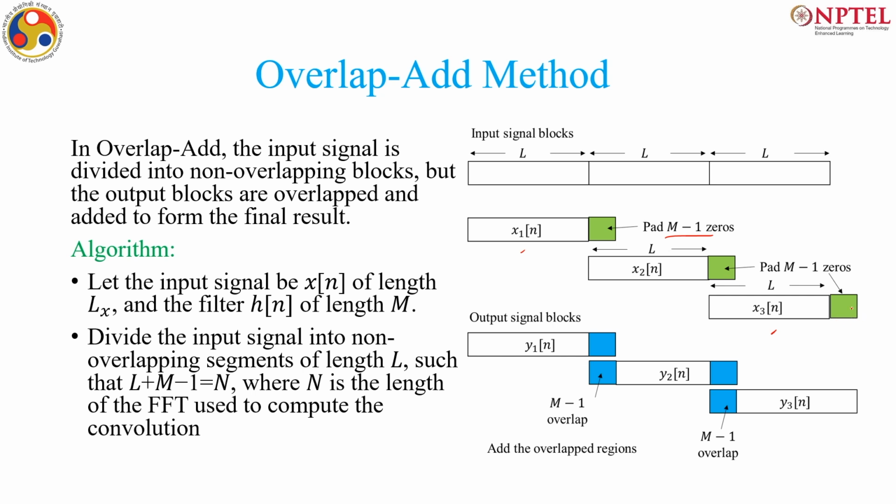Now, as I pad these m minus 1 zeros at the end, my subsignal length becomes of size capital N. So, now when I do the circular convolution, say, I will get these output blocks. Now, what I will do is, I will just overlap these m minus 1 points, and as the name suggests, it is overlap add, I will directly add them.